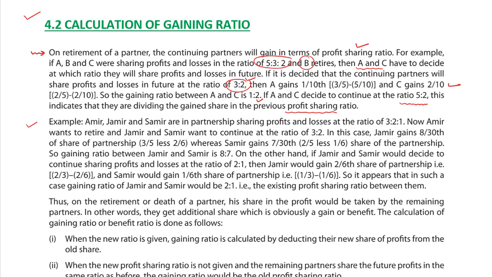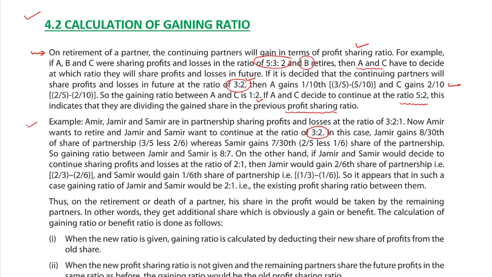Example: Amir, Jamir and Samir. Amir, Jamir, and Samir are in partnership, sharing profits and losses in the ratio of 3:2:1. Now, Amir wants to retire and Jamir and Samir want to continue in the ratio of 3:2.